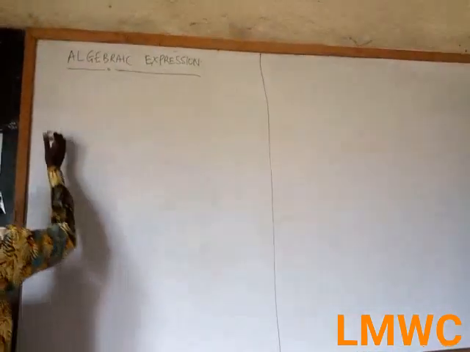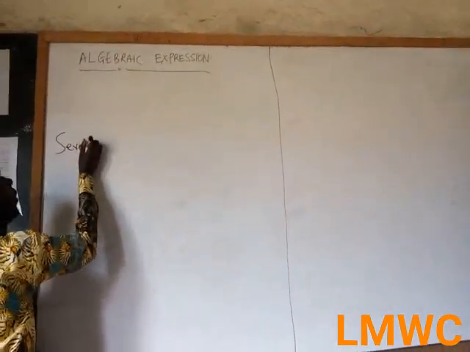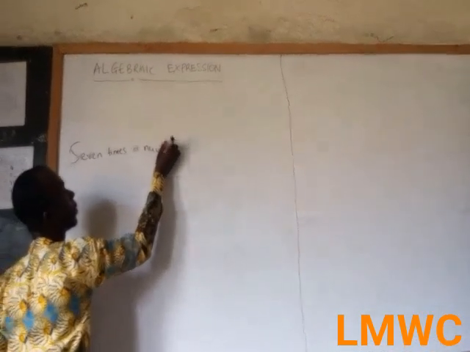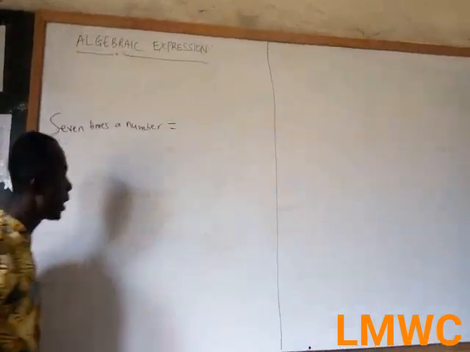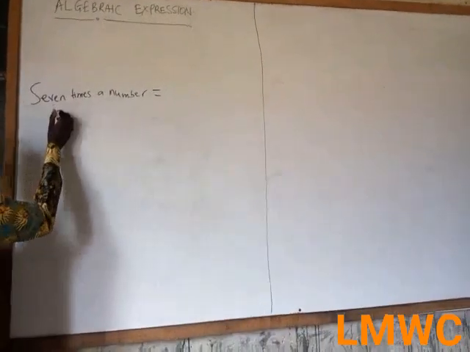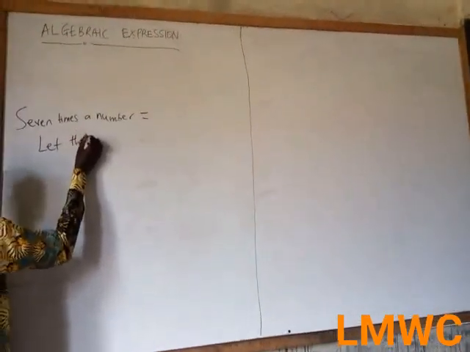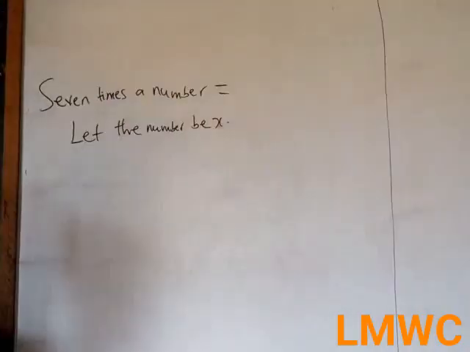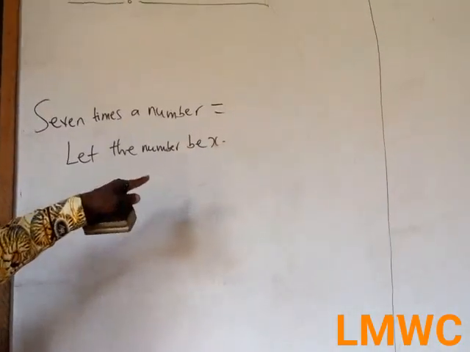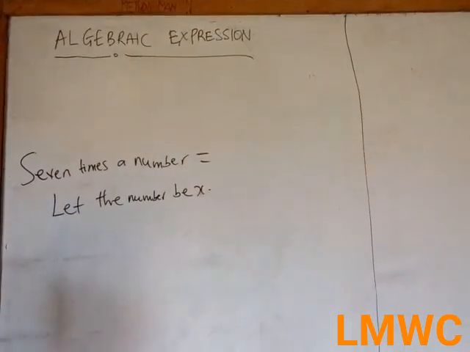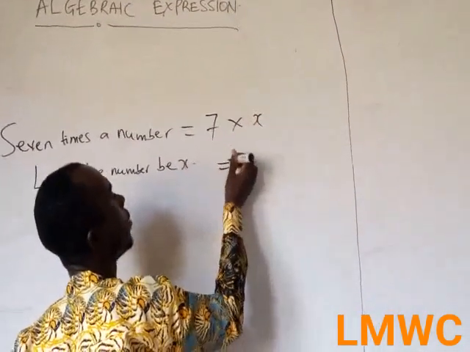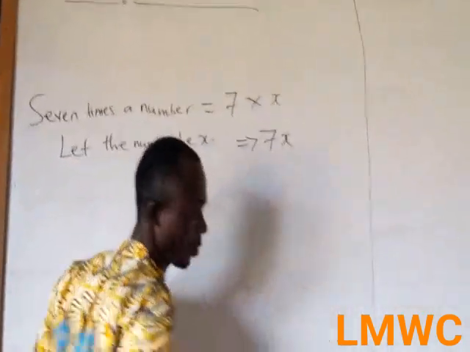Now, I want us to know how we form algebraic expressions using certain statements. If I write something like 7 times a number, you let the number be x. You choose a variable; you can choose any variable apart from O, so take note. So 7 times a number is the same as 7x.